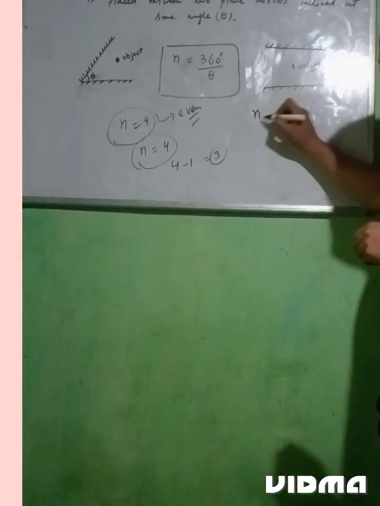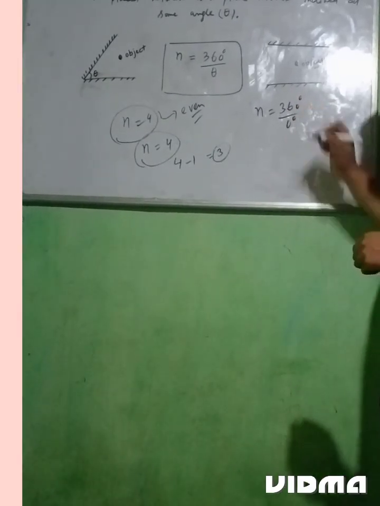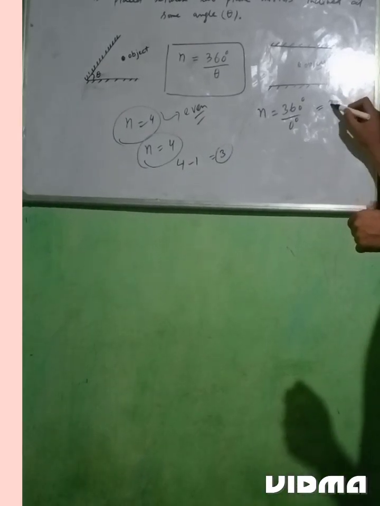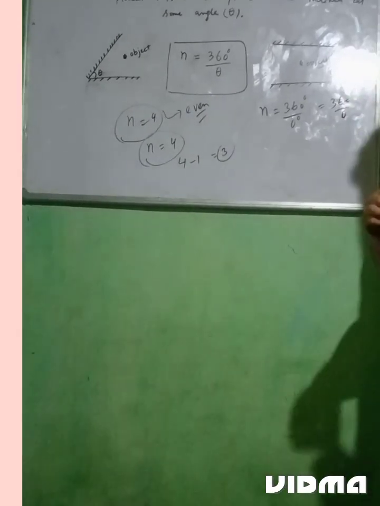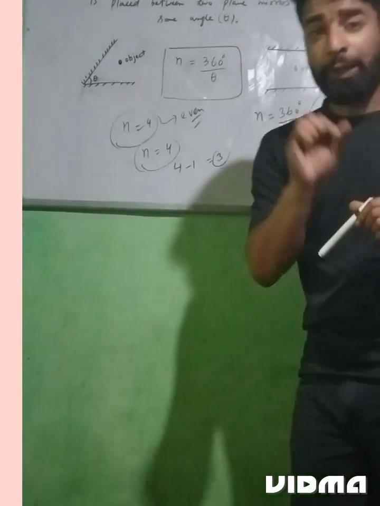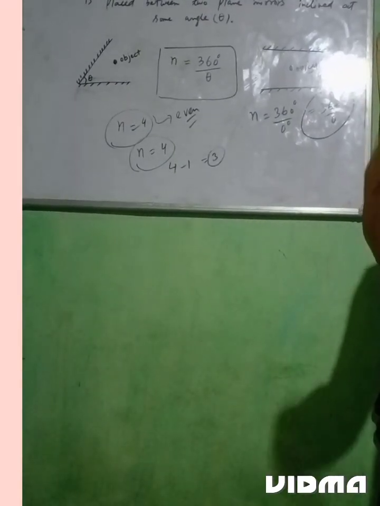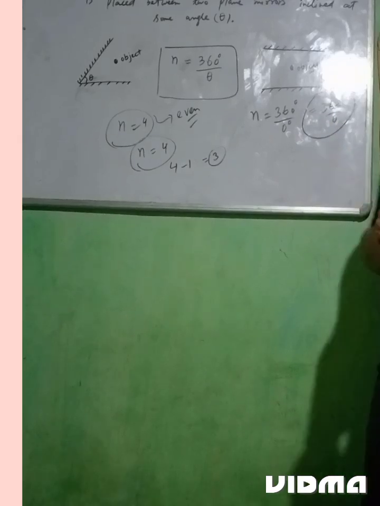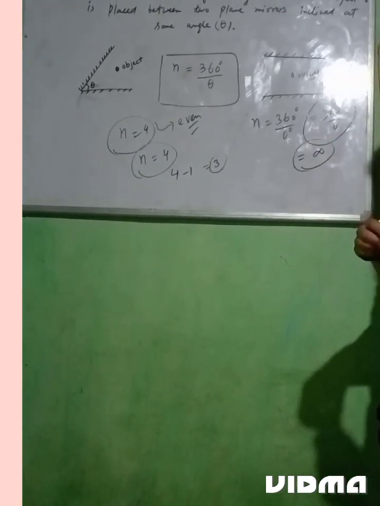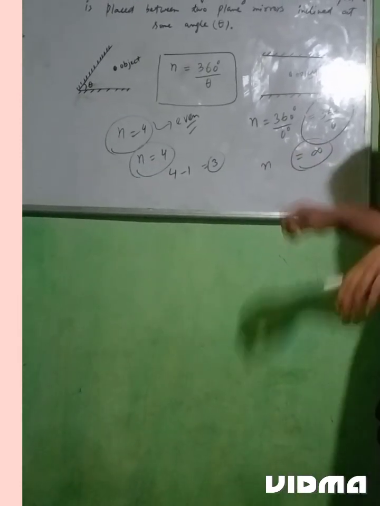That means we will use the formula n is equal to 360 degree divided by 0 degree. That means n is 360 divided by 0, and you know that when there is 0 in denominator and something in numerator, then answer comes out infinite. That means here the number of images will be infinite.